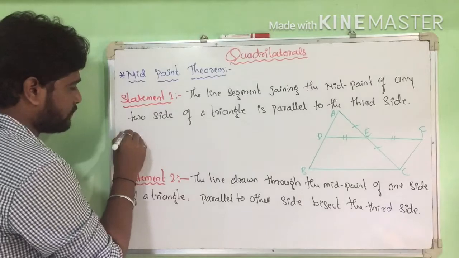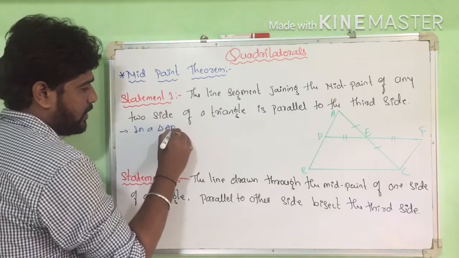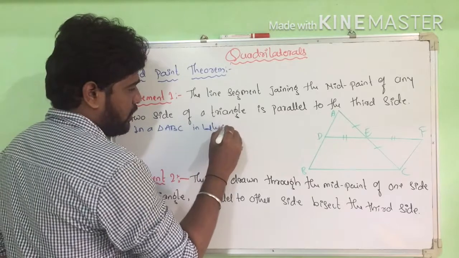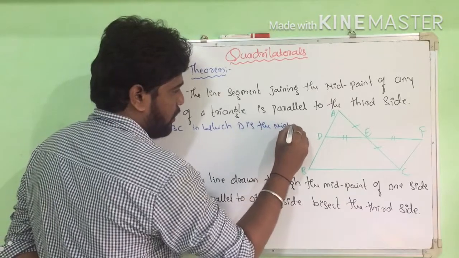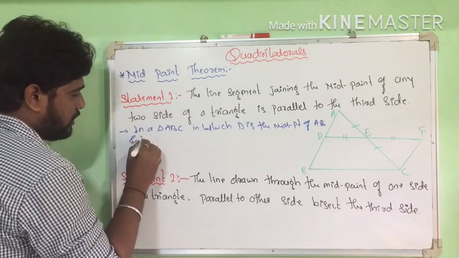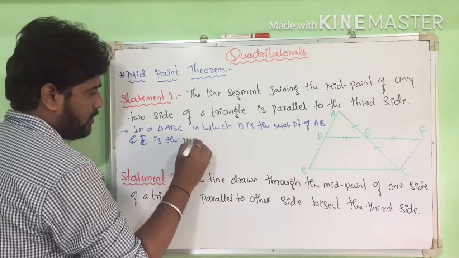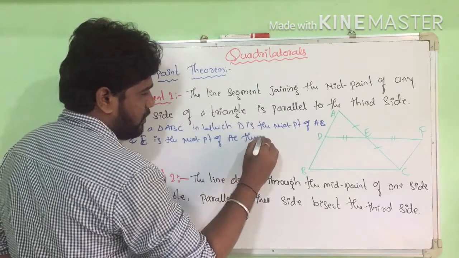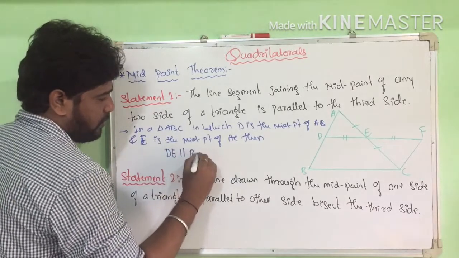So write down here. In a triangle ABC in which D is the midpoint of AB and E is the midpoint of AC, then DE is parallel to BC.